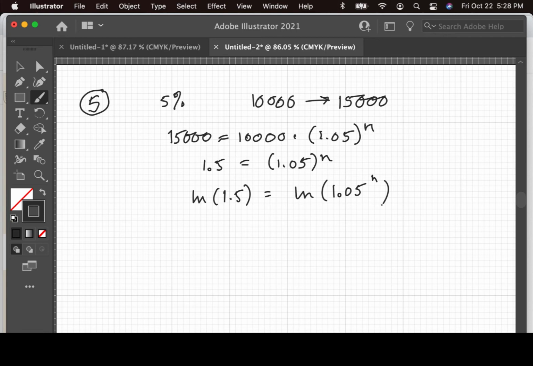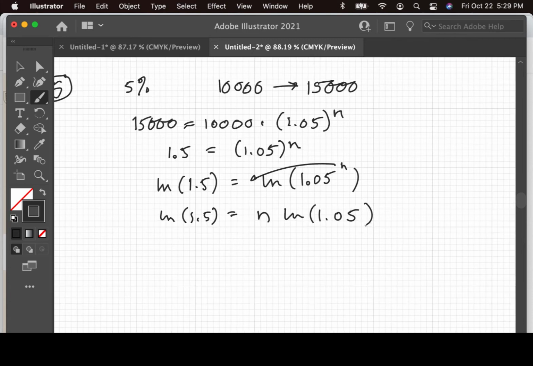And remember that in cases like this, we can bring the n down front. So natural log of 1.5 is equal to n times natural log of 1.05. So we can solve for n. n will be equal to natural log of 1.5 over natural log of 1.05.